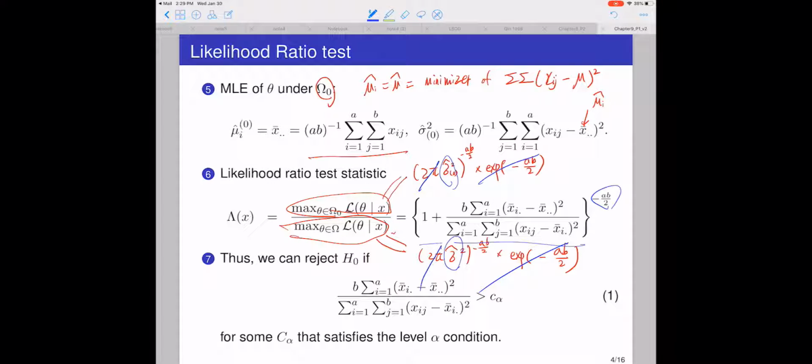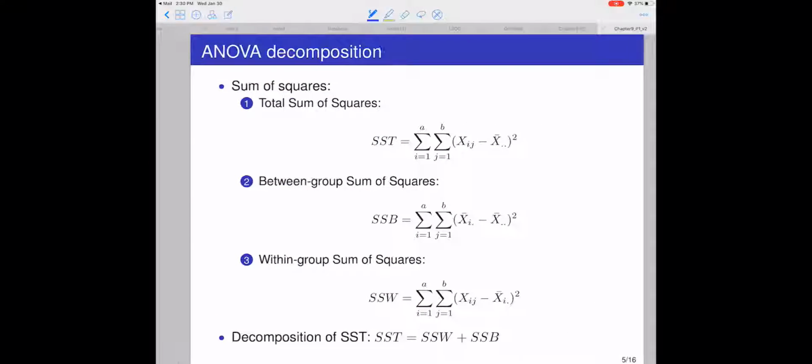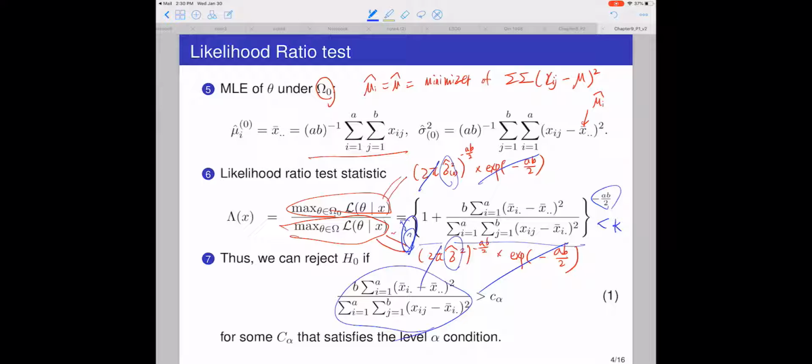I'm gonna explain why on the next page, but once we derive that, we reject if this ratio is less than k for some k, which is equivalent to this term being greater than some c.